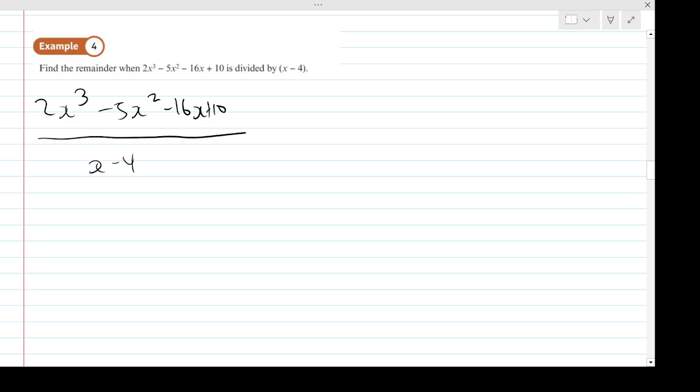So we need to then again do our bus stop. So the x minus 4, what we're dividing by, is outside, and what's inside is 2x cubed minus 5x squared minus 16x plus 10. Okay, I made that a bit neater.